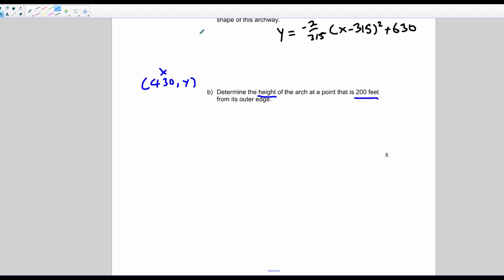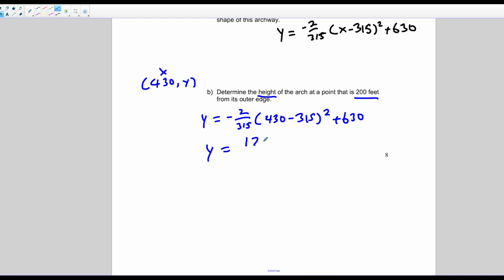So plugging this into our formula, y is equal to negative 2 over 315, and our x value we said was 430. The y we just kept the same because that's what we're trying to solve for. 430 minus our p value, which was 315, squared, plus 630. So plugging this all in, we're going to simplify a little bit.